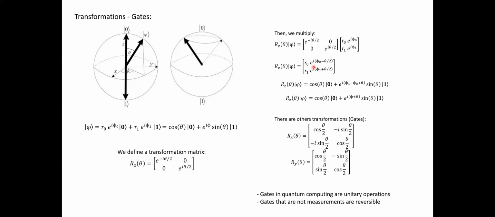And if we do the transformation we did in the previous slide for the Bloch sphere, we can get this notation. So what does it mean? The cosine amplitudes are still the same, so it means it's still at the same latitude. But the phase changes by the value of theta. I'm sorry, I know it might be confusing, but the theta in the cosine and sine is different than the theta of the rotation.